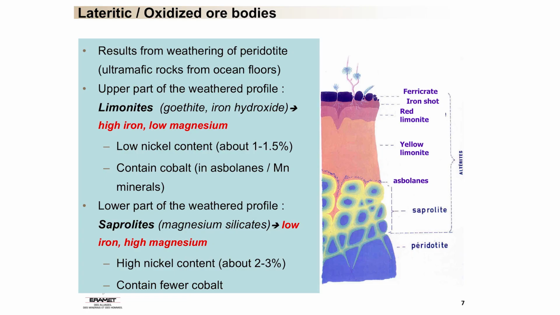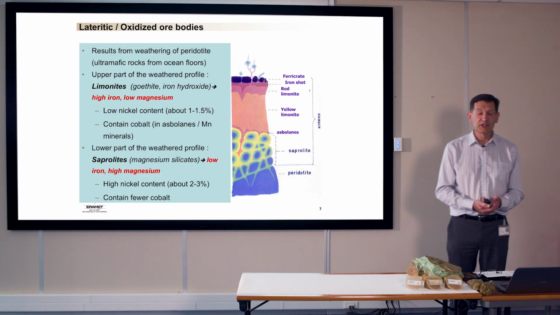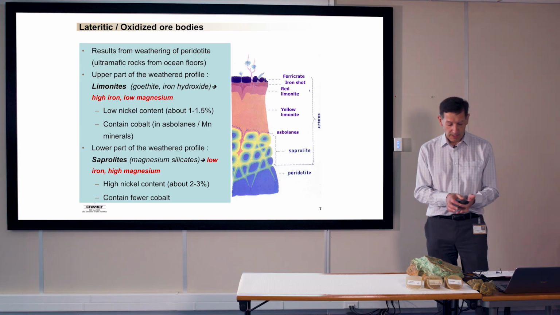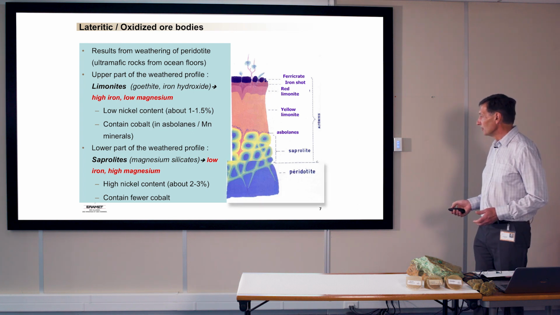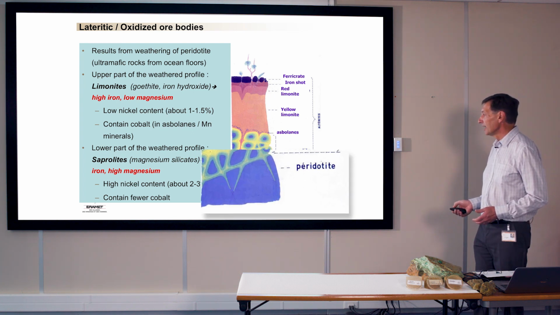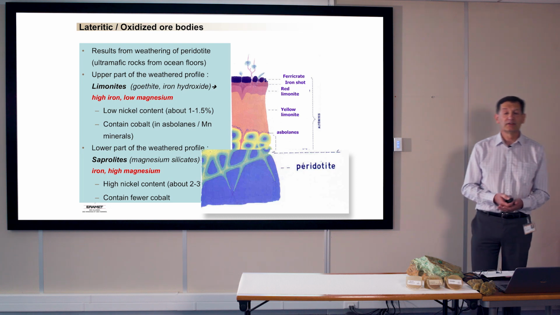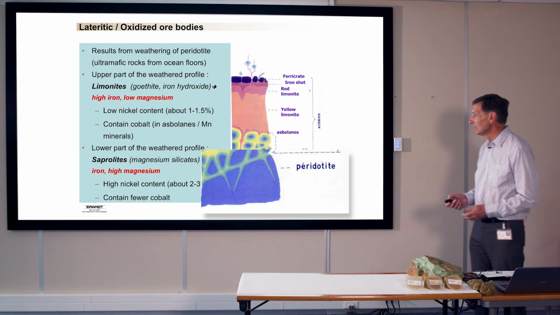For the lateritic ore, that's our main topic. So what is lateritic ore? Lateritic ore comes from the degradation of peridotite. Peridotite is a magnesium silicate containing some nickel.